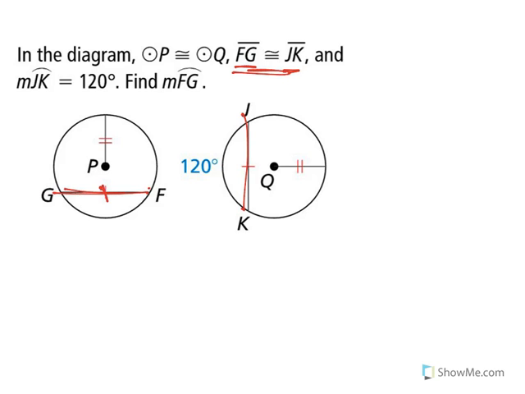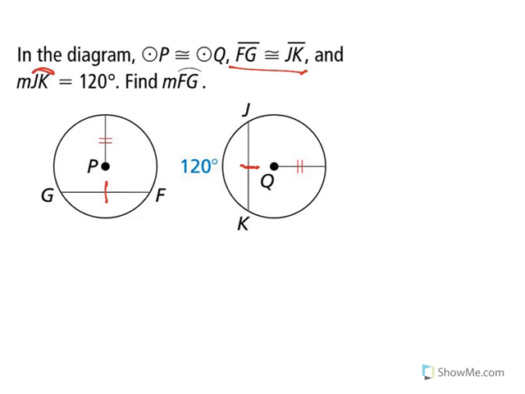They wrote it on there by putting the little marks for you. But sometimes they don't write it on the figure for you. So pay attention to that. Don't just look at the picture, read the actual words. So FG is congruent to JK, got it.